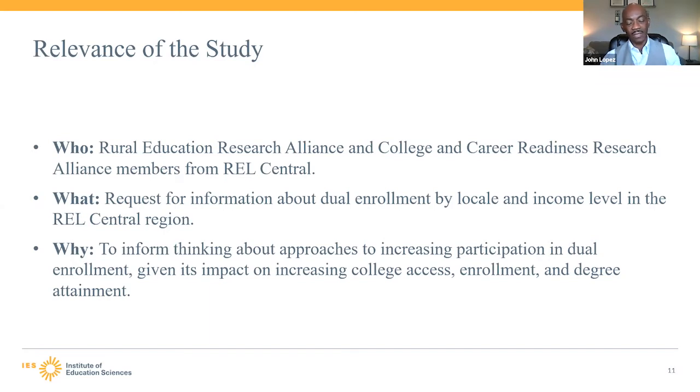And increasingly, equity in dual enrollment has become an issue, which is in part what led to the focus on the inclusion of locale and income level as parts of the study. Ultimately, we want this to inform our thinking about how best to increase dual and concurrent enrollment, leading to graduation and then degree attainment.